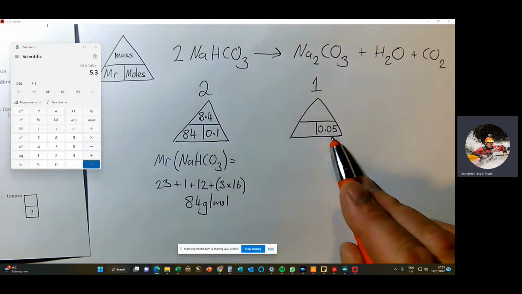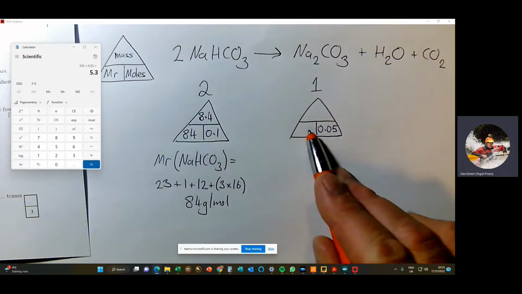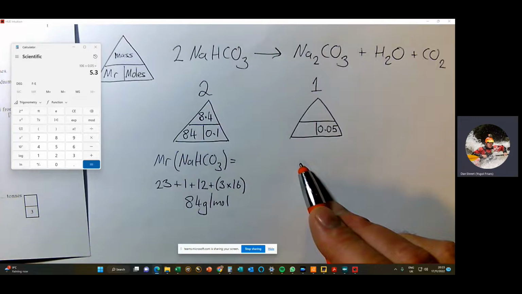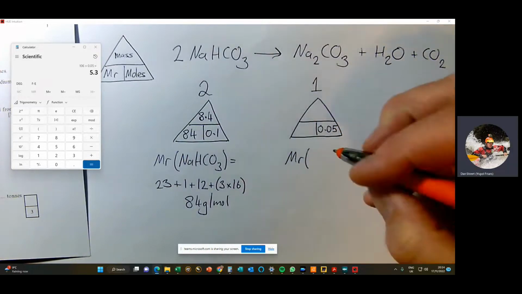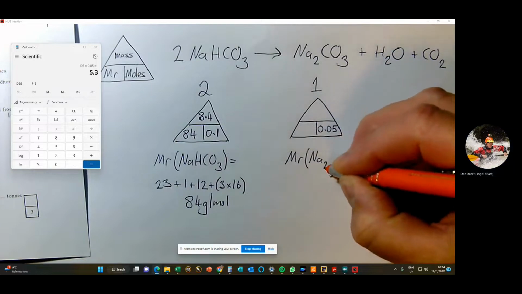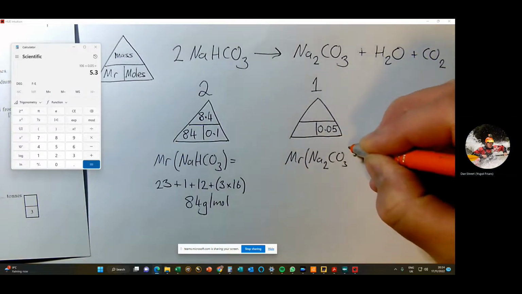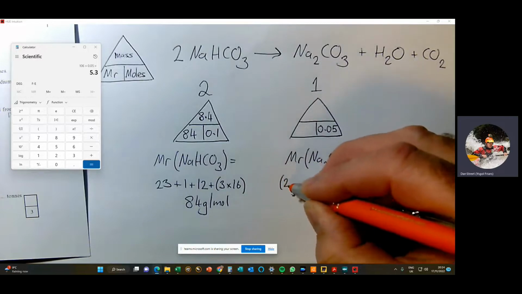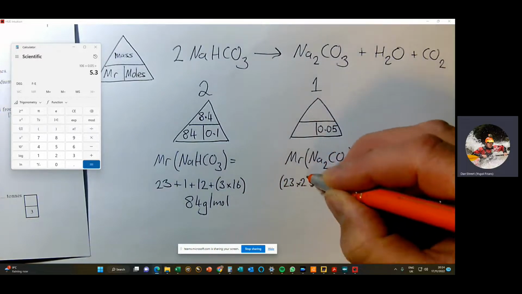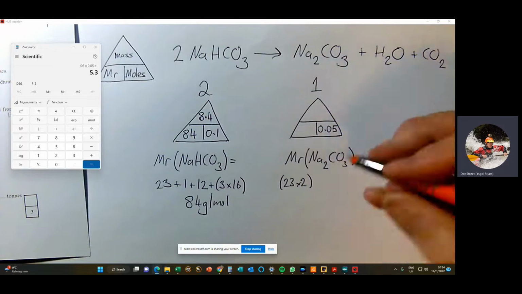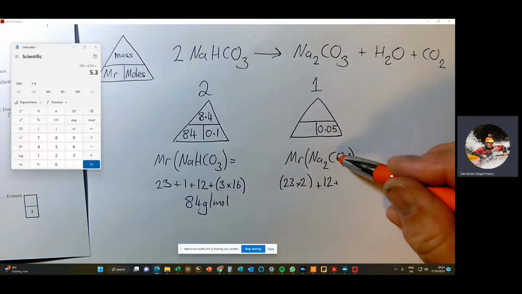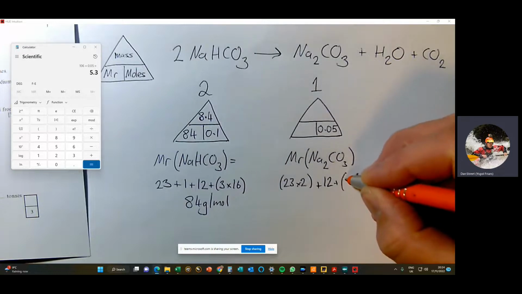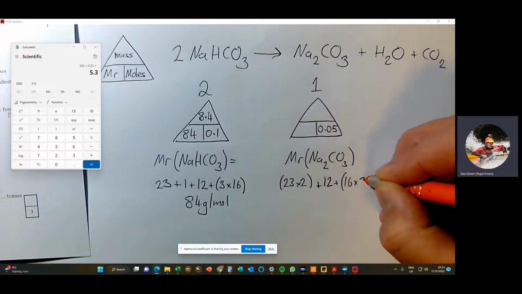And we can also add in the value to go in here by doing a similar calculation to the one we did before. So the Mr of sodium carbonate, this time it's 23 times 2, because 23 is the mass of sodium and there are 2 of them, plus 12, which is the mass of carbon, plus 16 times 3, okay, because 16 is the mass of carbon.